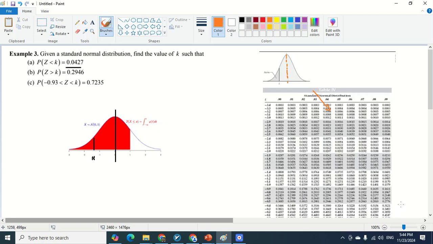The value at the end of the table is close to half, and the value at the top is close to 0, meaning minus 3.4 is approximately equal to 0. Because this value lies inside this table, we just look for it and we find 0.0427 at this point.